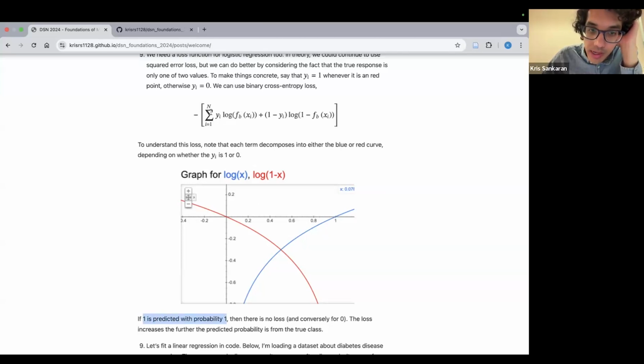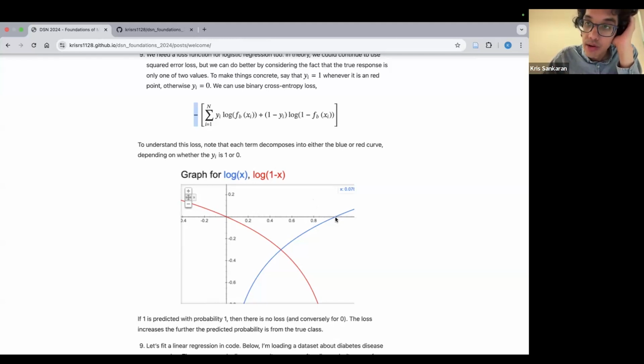So if the actual class is 1, and you predicted that it's 1, then you get no loss. But if your probability wasn't exactly 1, then you get some penalty, because you're going to flip this with a negative sign. That's going to be your penalty for not being totally confident on the correct class.